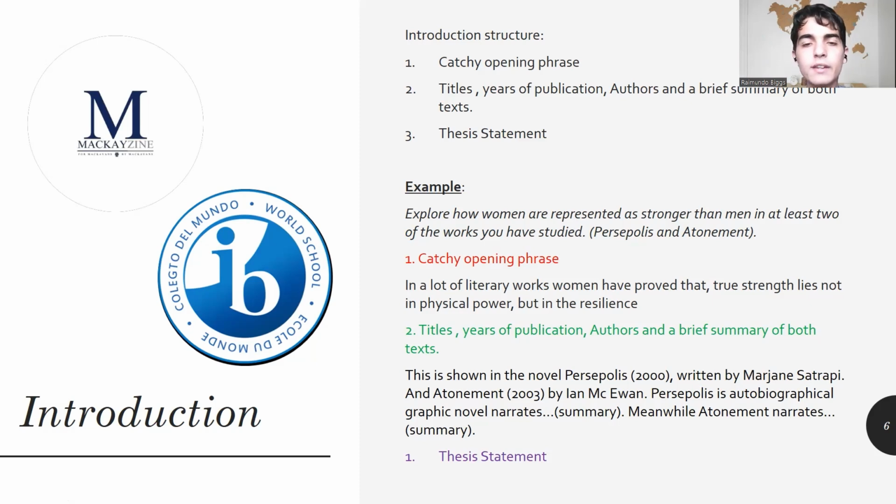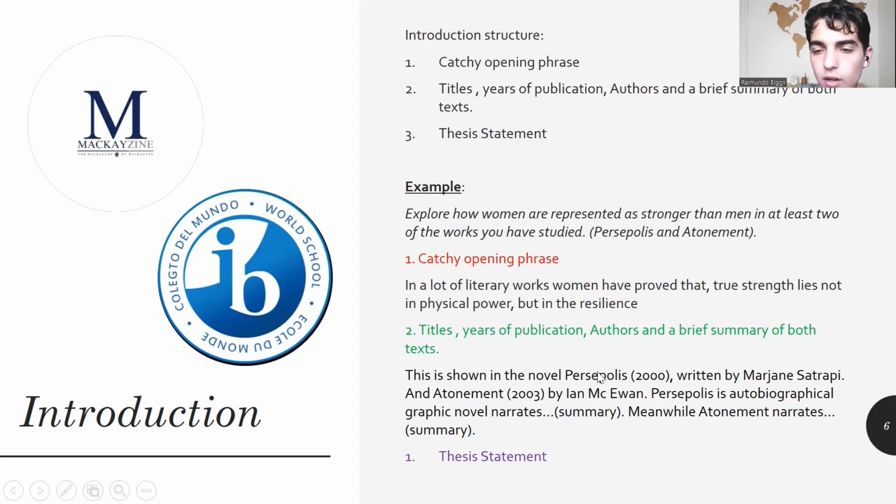Well, then the second part is what I already told you. This you could bring, learn from home. And this is how I personally wrote. So, for example, this is shown in a lot of literary works. Women have proved that true strength lies not in physical power, but in resilience.